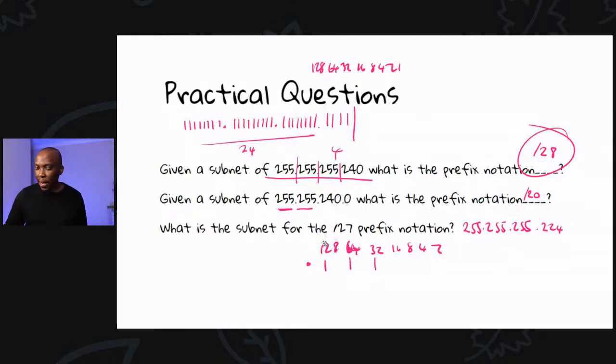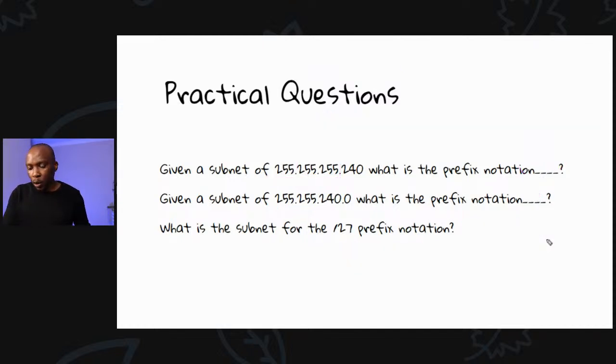And when we add this, that gives us 224, and we've converted it the other way around. That is important for us to understand. So that was my short quiz, just to reinforce and make sure that the concept has not left us.